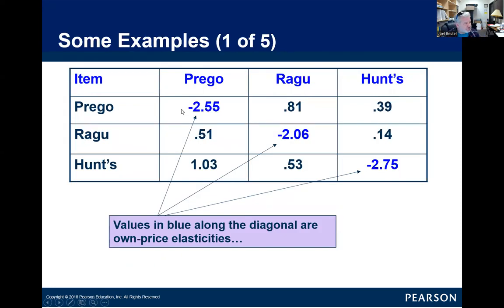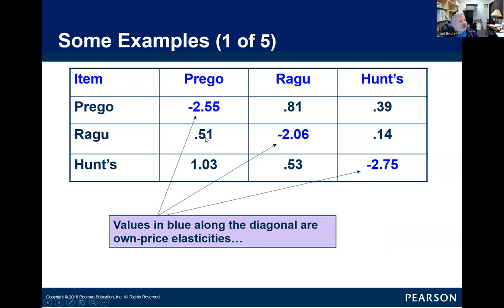So an example, comparing Prego to Prego, we're looking at these blue values being the own-price elasticity, or the price elasticity of demand. Sorry, let me grab a drink. So that's just how the good itself responds to a change in its own price. Now, Prego, Ragu, and Hunt's, in case you don't know, are 3 different types of canned tomato sauce available in the grocery aisle for the purpose of spaghetti sauce, right?